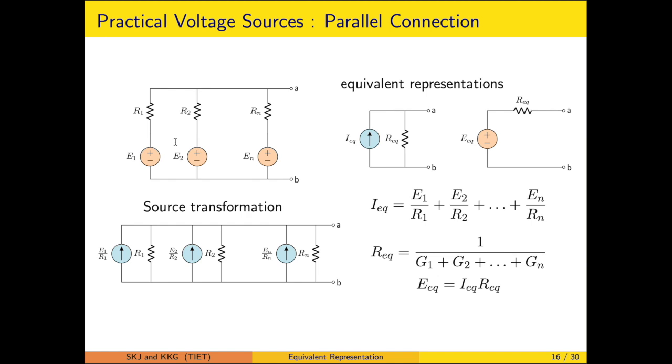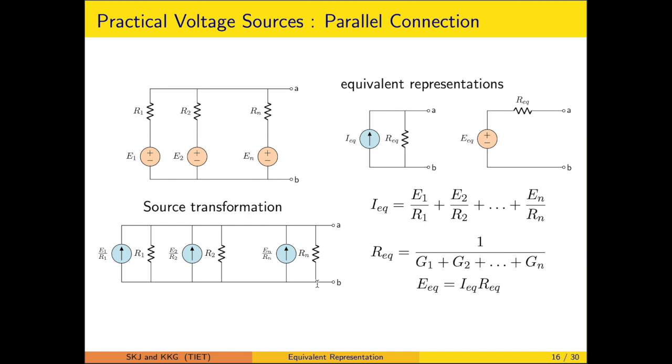At this point, when there is a voltage source with a series resistance, it can be represented by an equivalent current source and a parallel resistance, where the current source value is equal to the voltage source value divided by the internal resistance. So this corresponds to the first source, this is the equivalent corresponding to the second voltage source, and this is the consideration for the nth practical voltage source.